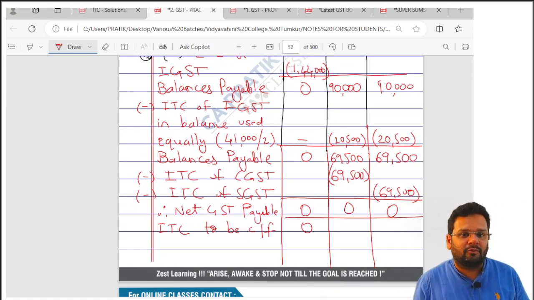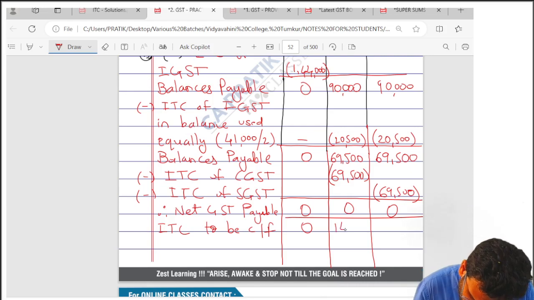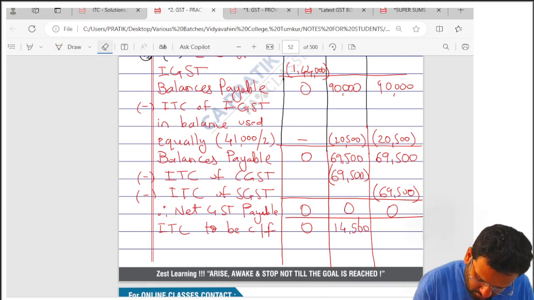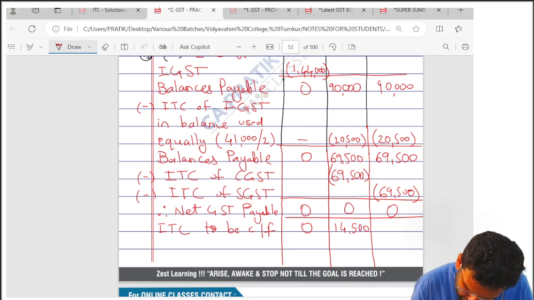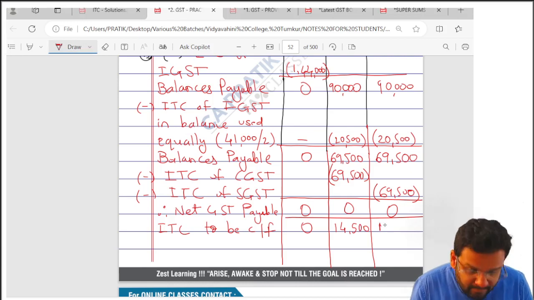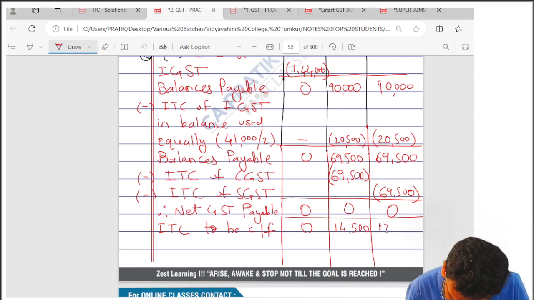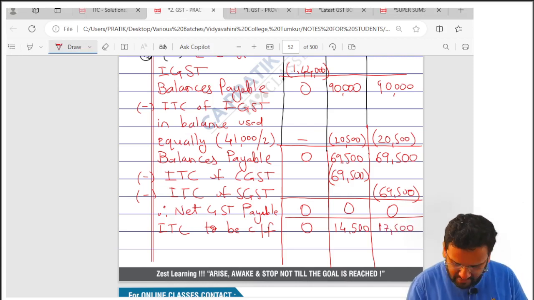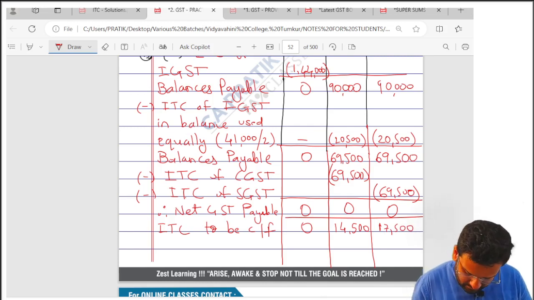How much can you carry forward? 14,500. And how much can you carry forward of SGST? 17,500. How have you calculated?